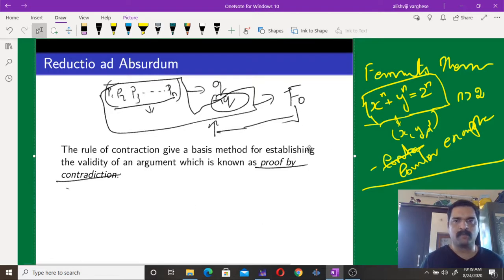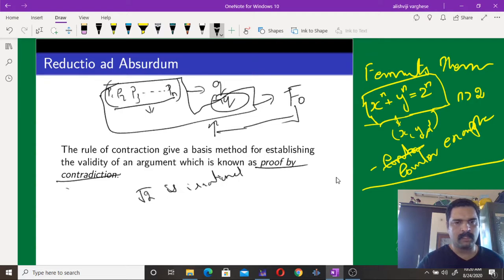So that's the proof by contradiction. We can consider simple examples like, say, root 2 is irrational.